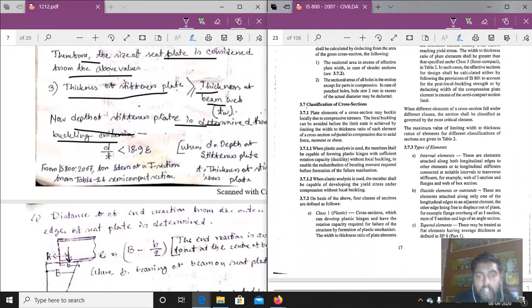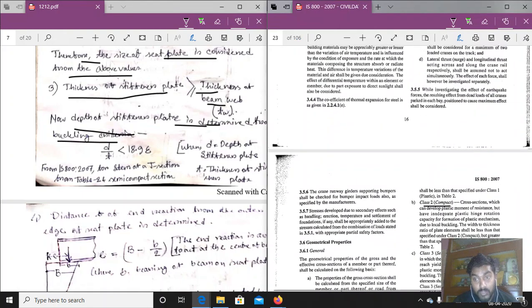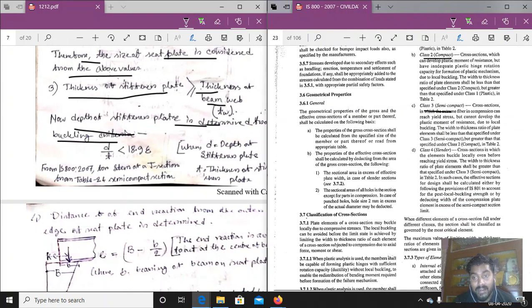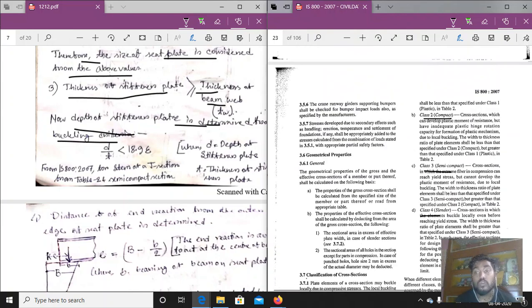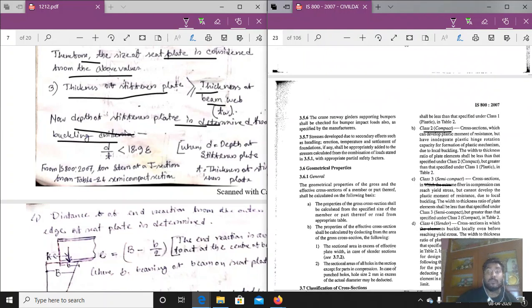So depending on the buckling criteria, there are 4 buckling classes. As we know, there are 4 buckling classes: class 1 for plastic, class 2 for compact, class 3 for semi-compact.